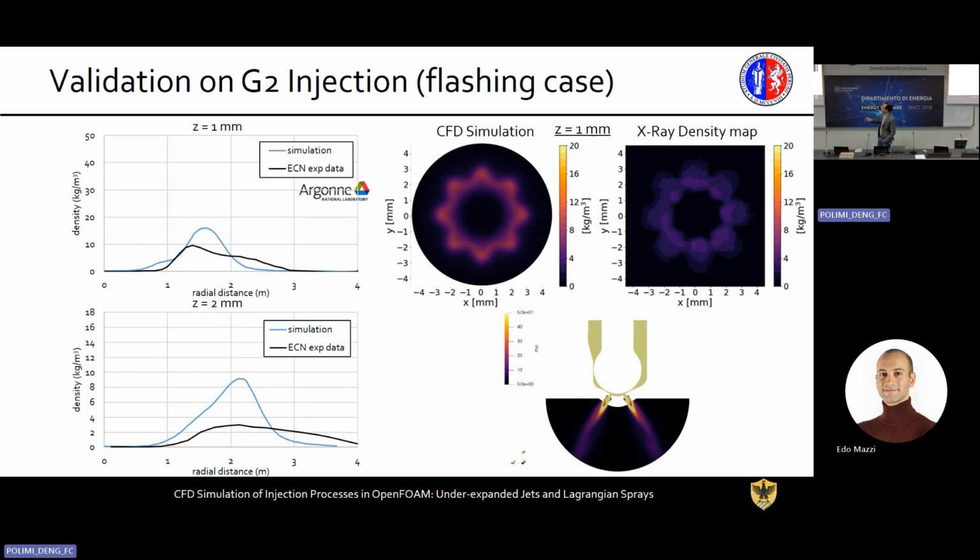This is our density map from the CFD simulation, and this is the density profiles across one jet of the spray. And as you can see, we are not so much at 2 millimeter, but at 1 millimeter we are getting very close to what was recorded at Argonne with X-ray.